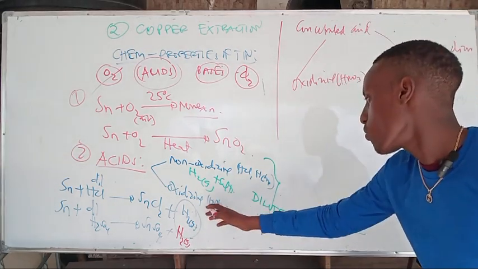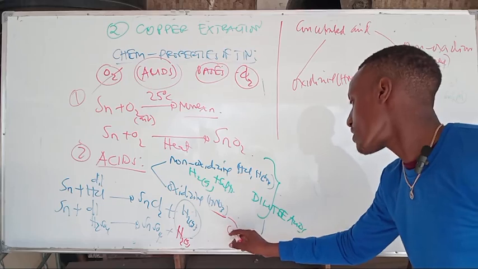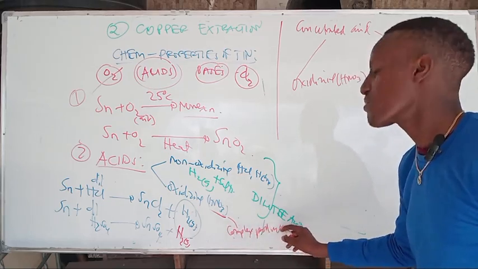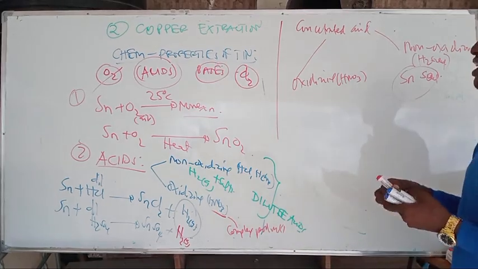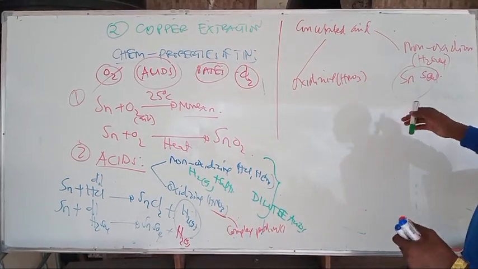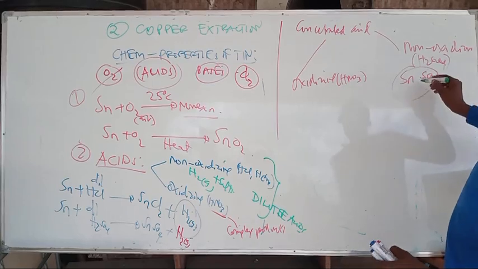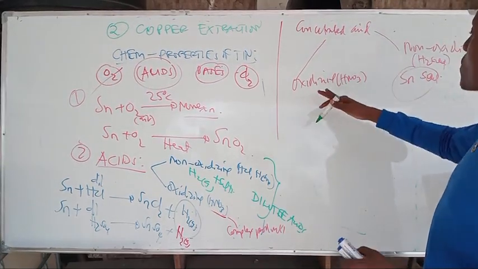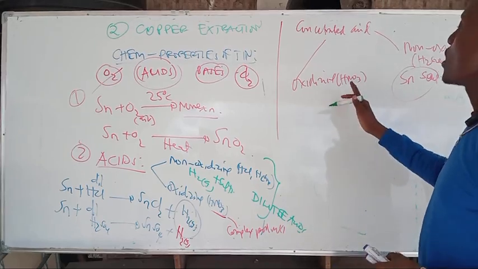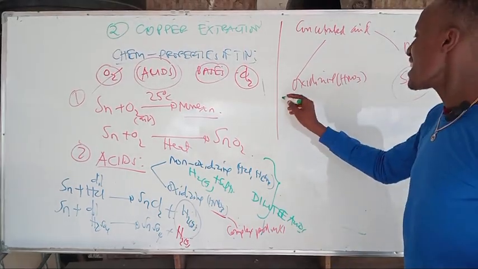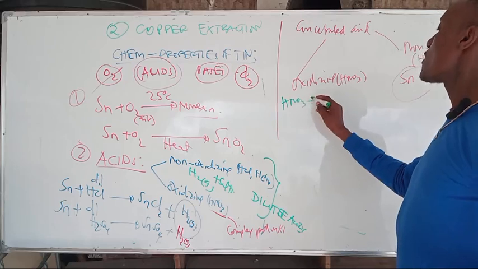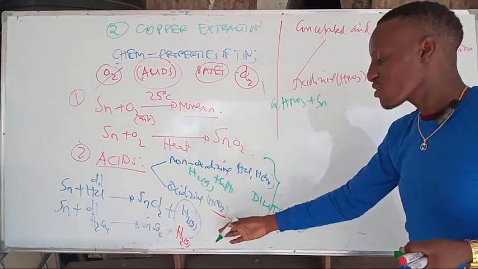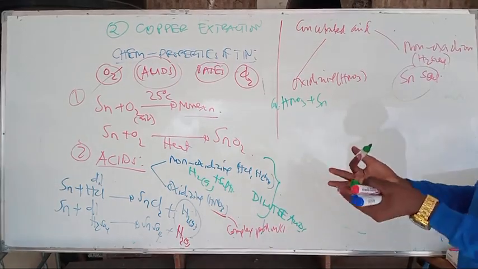This one we speak about the oxidizing, forming complex, different products. Here we just form the tin sulfates, and here tin 4. While we speak about the concentrated, we speak about the oxidizing acid, which is nitric acid. When nitric acid reacts with tin, for the dilute it forms just the complex mixture.